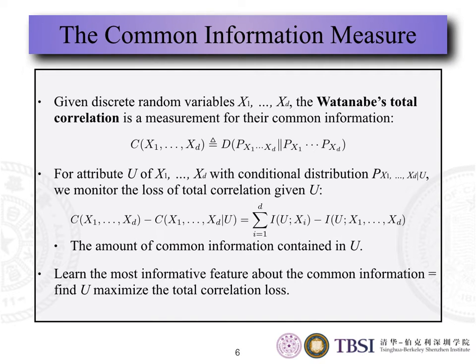Then this measures the information reduction of the common information between X1 to Xd with the knowledge of U, which can be viewed as the amount of information that U contains about the common structure between X1 to Xd. Therefore, we can formulate the information theoretical problem to select an attribute U to maximize the loss of the total correlation.